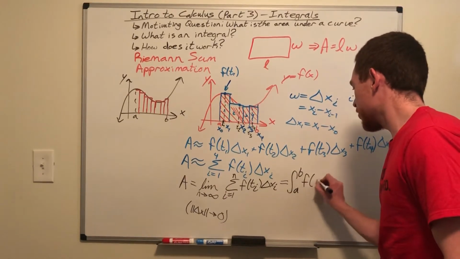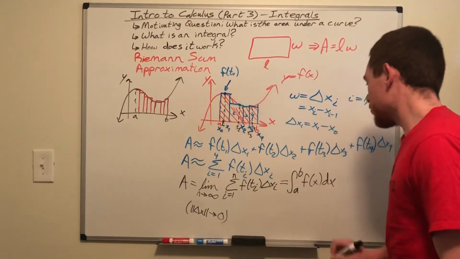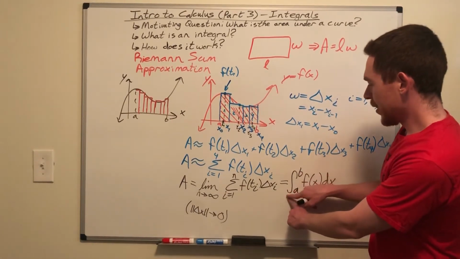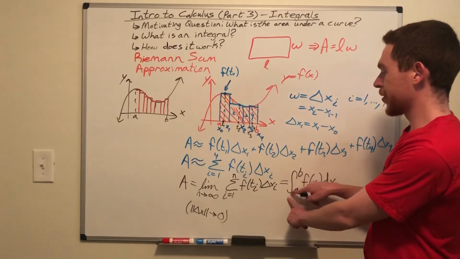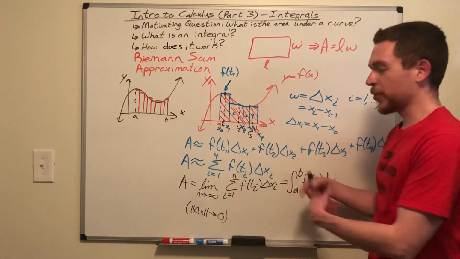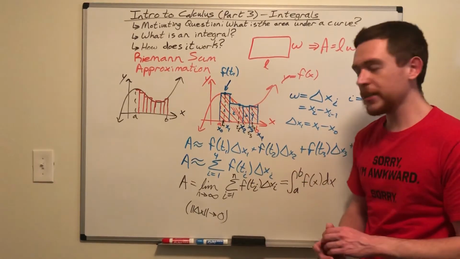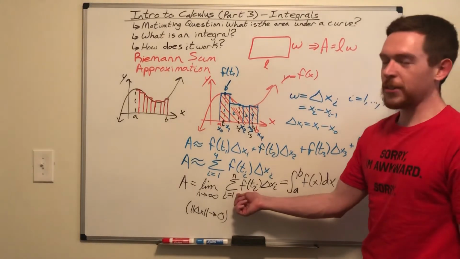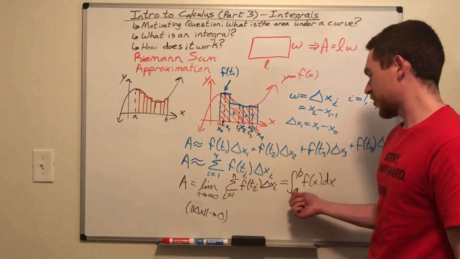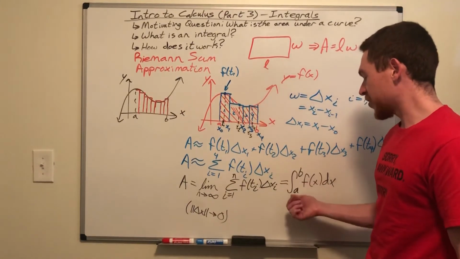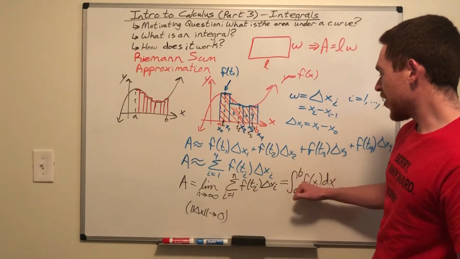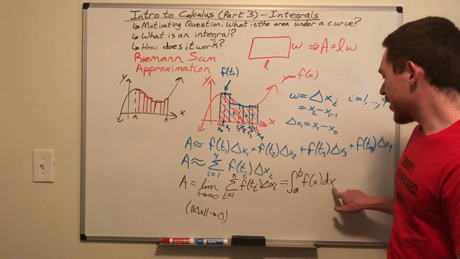This is a two-step process where we define the integral from a to b. This little s-looking thing here is called an integral sign, and it looks like an s for a reason. It comes from Leibniz's notation, and he chose an s because you're summing stuff up. So it says the integral from a to b of my original function in the x direction.